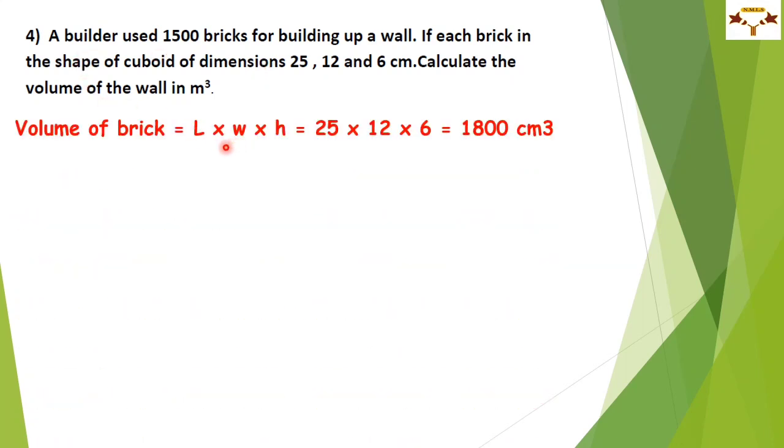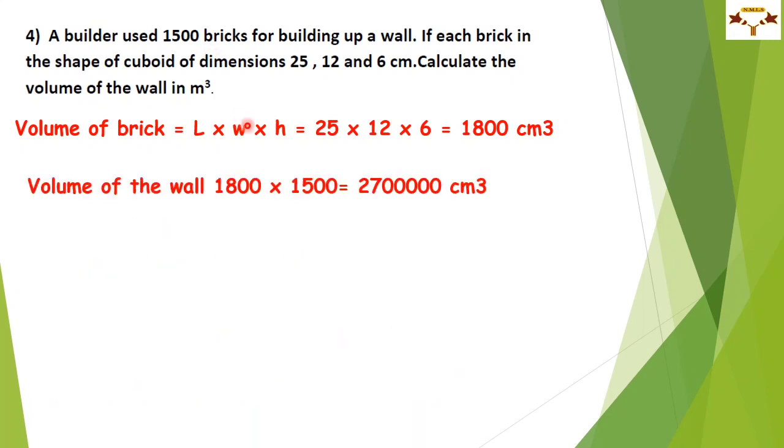So this brick is in the shape of a cuboid, so its volume is length times width times height, equals 25 times 12 times 6, equals 1800 centimeter cube. Now I have the volume of one brick. I need to repeat this brick how many times? 1500 times.